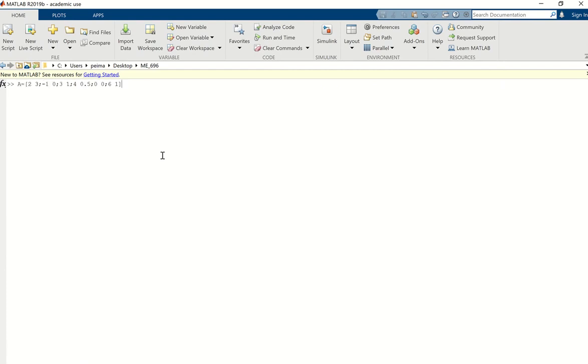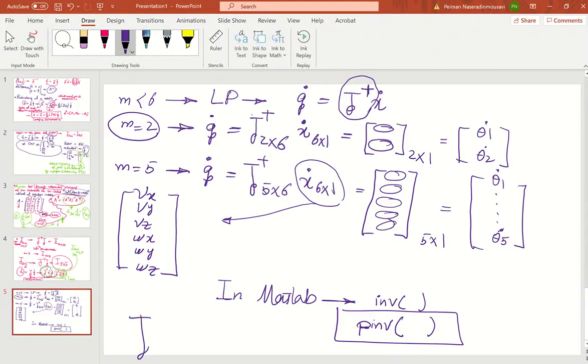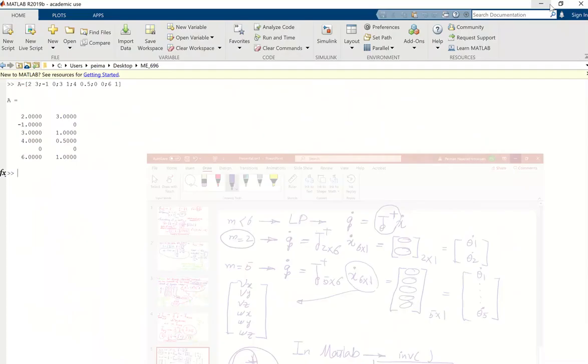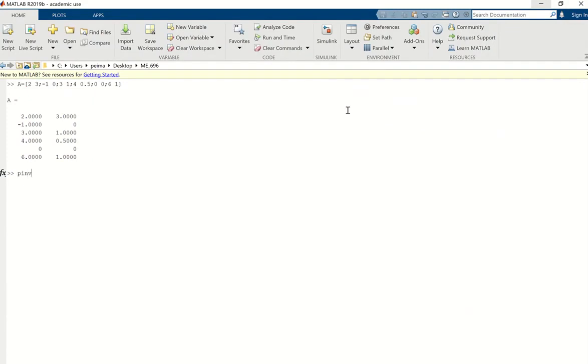Suppose I take this example, 6 by 2, where we need the pseudo inverse. If you want to calculate the left pseudo inverse, (J transpose J) inverse J transpose, which comes from the left, you only type pinv of A, meaning the pseudo inverse from the left.